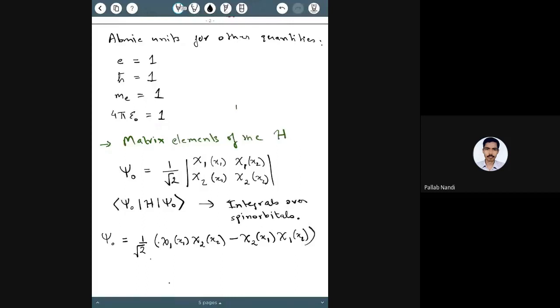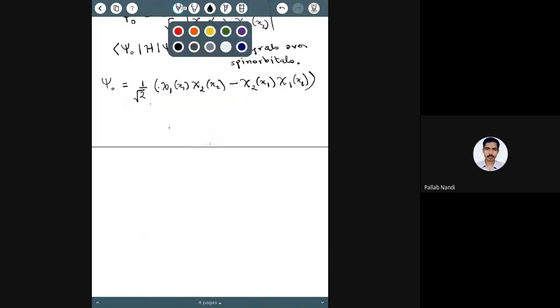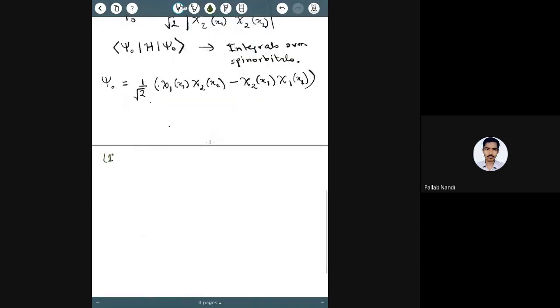This is the wave function if I open out the determinant. So first, H, the Hamiltonian, has two parts, a one-electron part and a two-electron part.